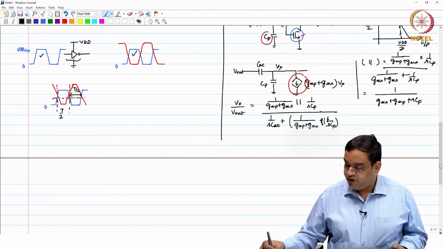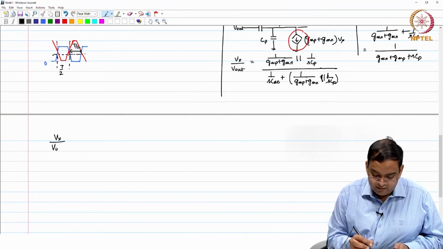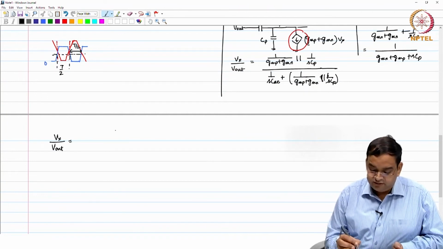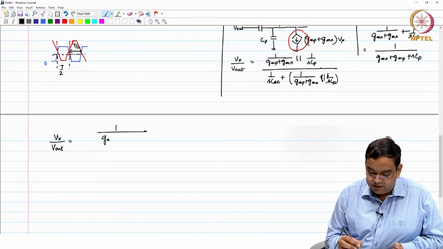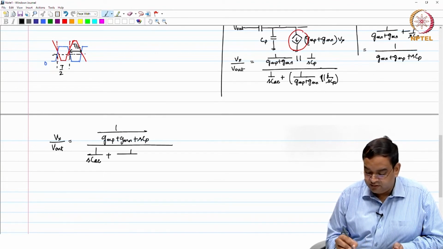So, this Vx by Vout which we are looking at is 1 over GMP plus GMN plus SCP, whole divided by 1 over SCAC plus 1 over GMP plus GMN plus SCP. Okay.